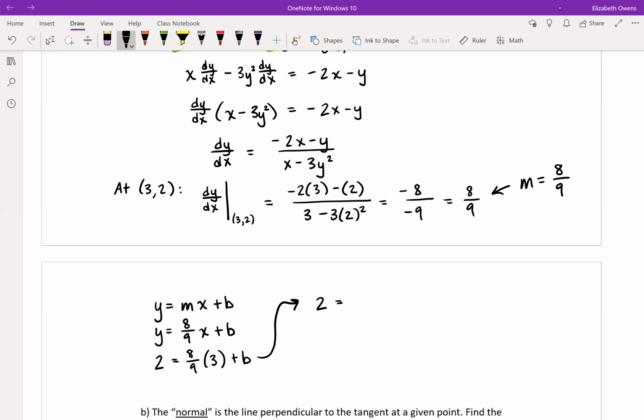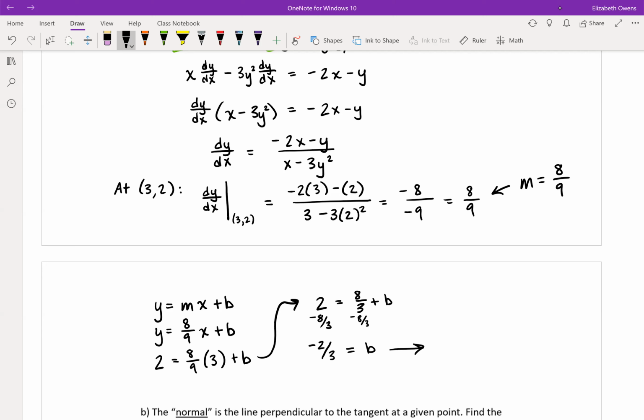And we get 2 equals 8/3 plus b, and then you need to subtract 8/3 from both sides. All right, 2 is 6/3, so 6/3 minus 8/3 would be -2/3 equals b.